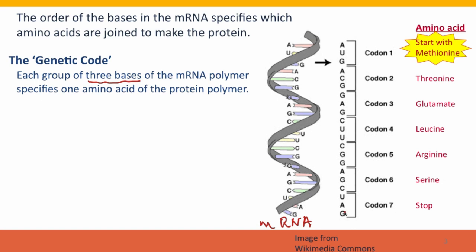Remember, we used the term codon in the context of the start codon and the stop codon. The start codon always specifies the amino acid methionine. The stop codon doesn't specify any amino acid at all, and that's why translation stops at this point. Each of these codons corresponds to a particular amino acid, AUG with methionine, ACG with threonine, etc.